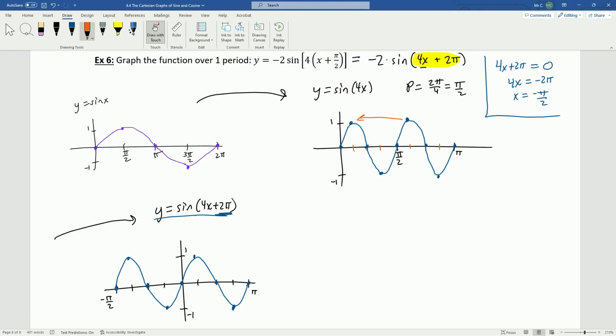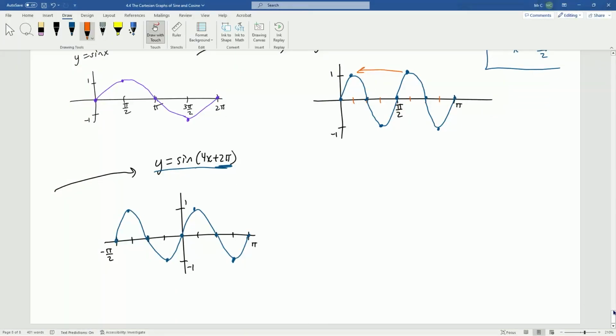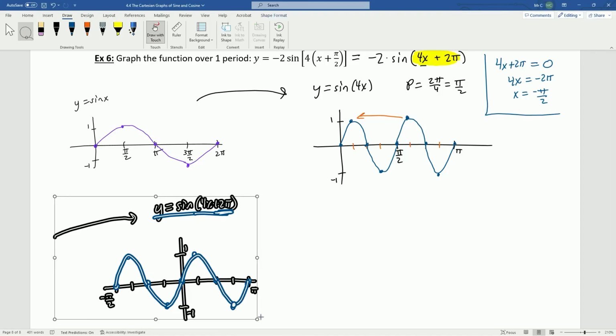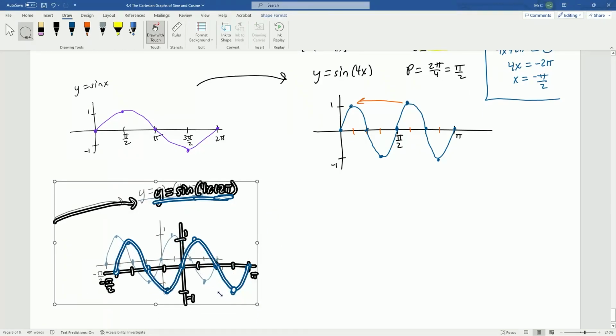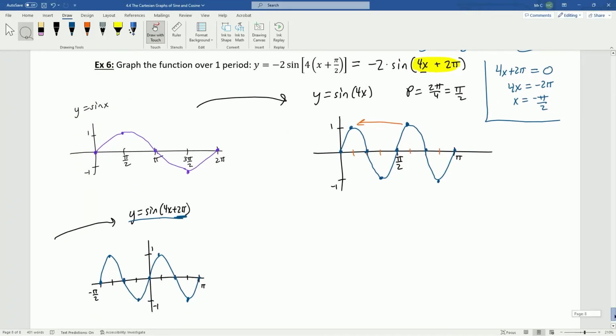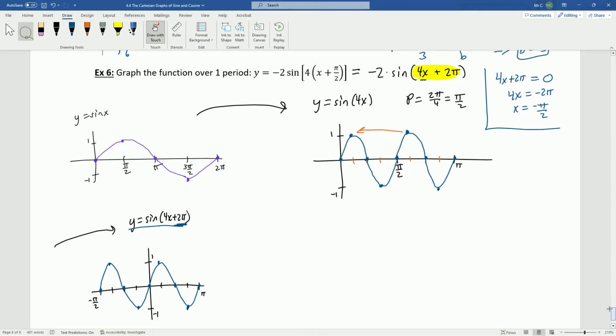Okay, so now we have another transformation. Now I might make this graph a little bit smaller here, just so I have a little bit more room to work with. We have two more transformations I want to do, and I don't want to try to cram them into one. So the next transformation is the multiple of 2.